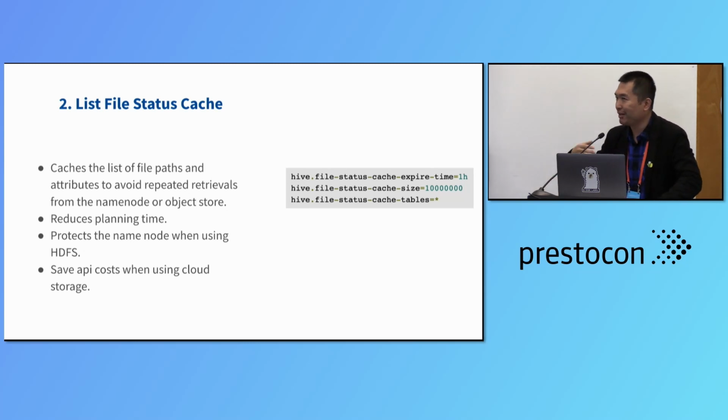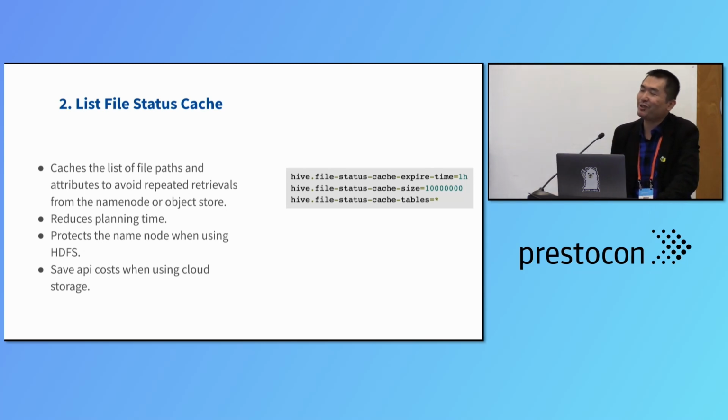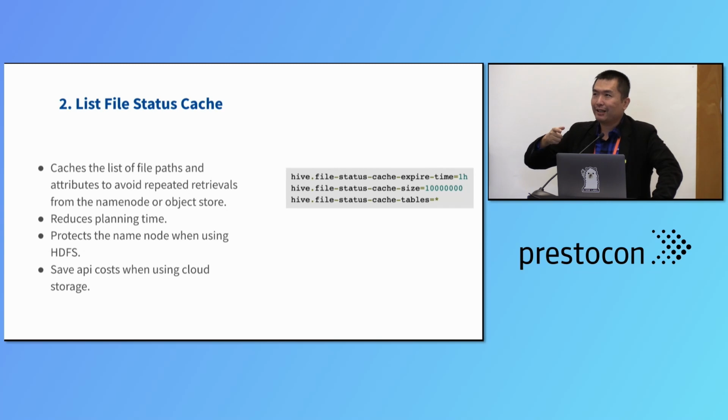They always complain that Presto is too strong at scanning the data and listing the files. It will send hundreds of requests every second to the name node. But actually, HDFS is not very scalable, I have to say. It caused a lot of trouble there. On the other side, as Hope mentioned, the price of cloud storage is not free.